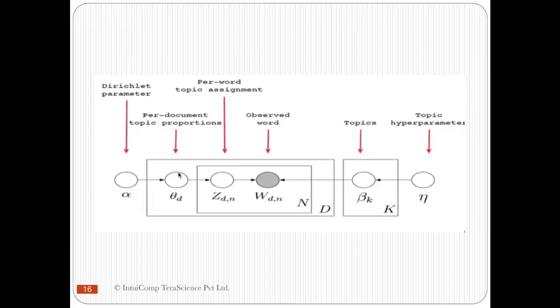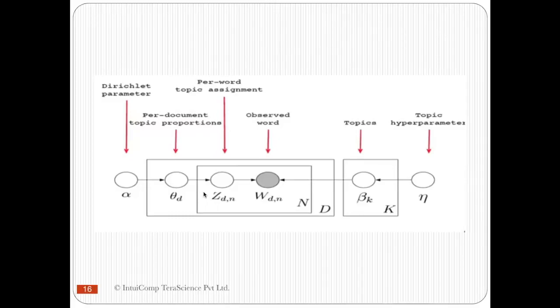Now, when we look at a particular document, we can consider n number of words in the document. That is, let us assume that there are n number of distinct words in a particular document. So now, we have something called ZDN, which is dependent on theta d, which is a per word topic assignment.